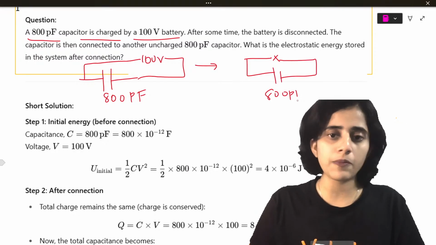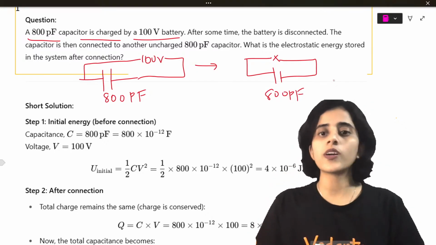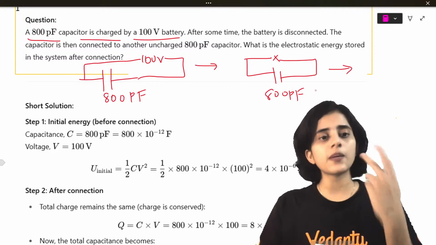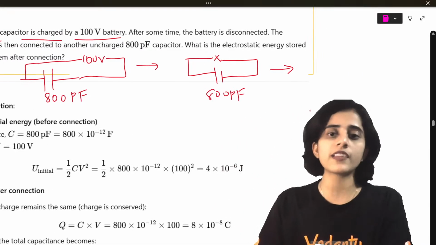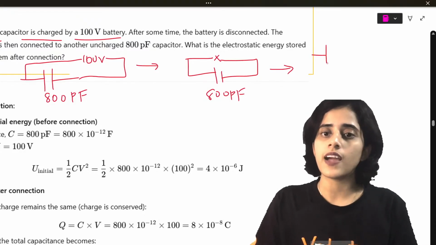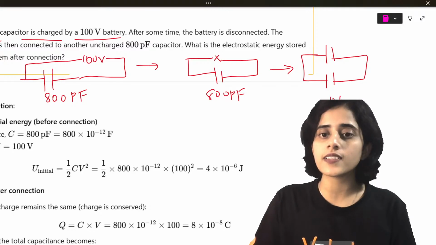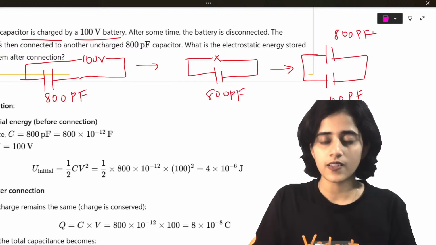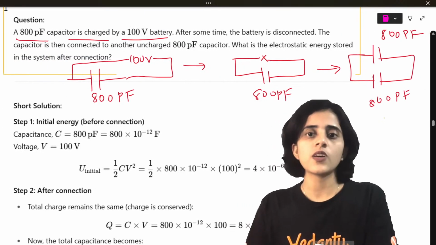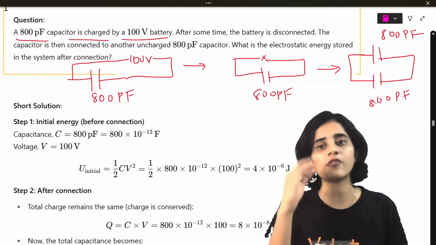The capacitor is there, but the battery is disconnected. Then the capacitor is connected to another uncharged 800 picofarad capacitor. What is the electrostatic energy stored in the system after the connection?